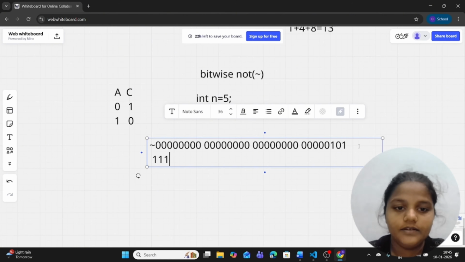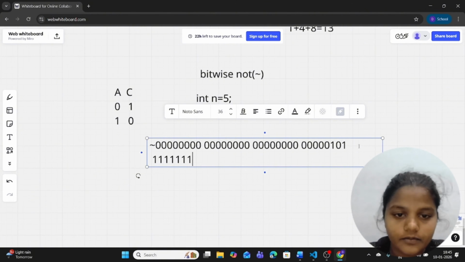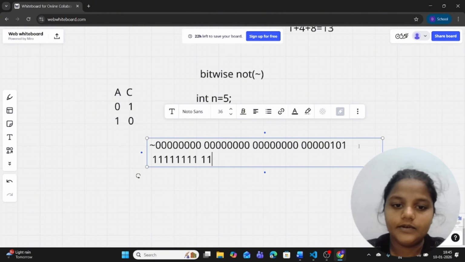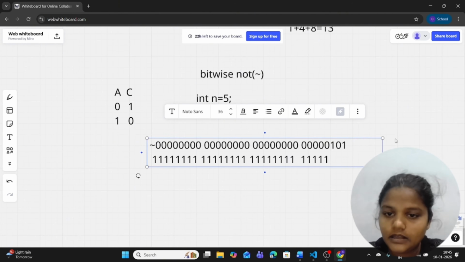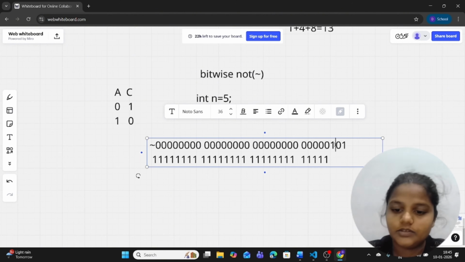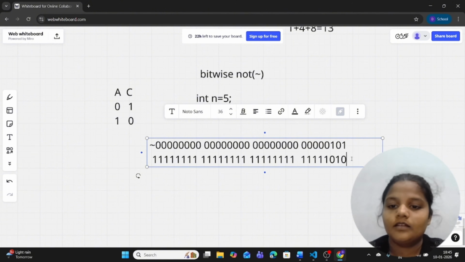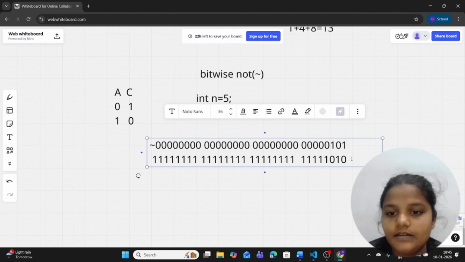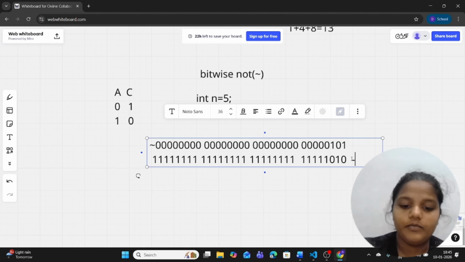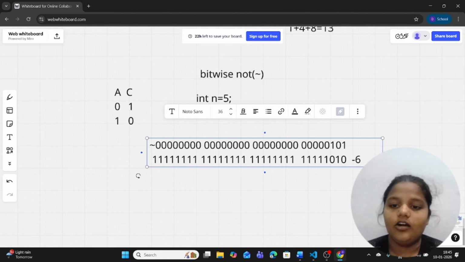So all the leading bits become 1. At the end, where we have 1 we should give 0, then again 1, then 0. So if we convert this number, we will get -6 as our output.